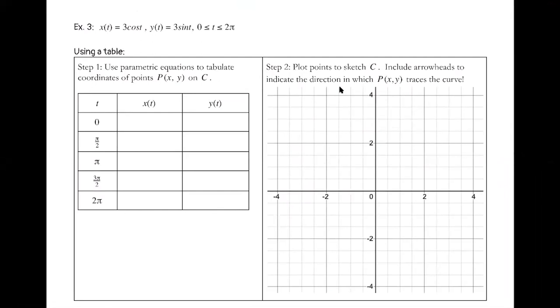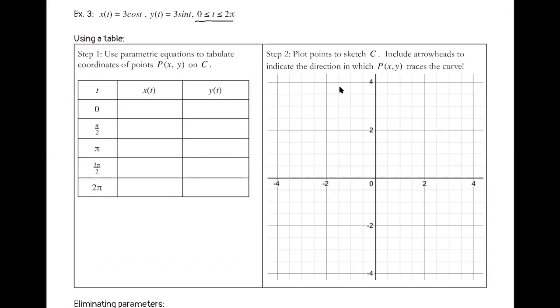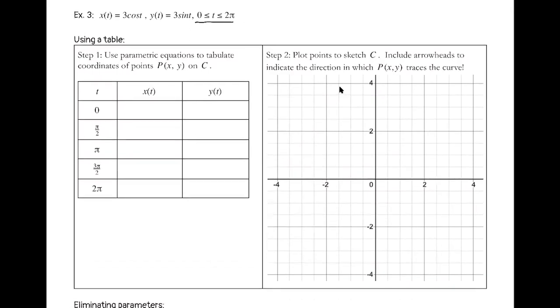And when we look at trig functions, we are looking mostly in terms of radians, and so a lot of times the parameter interval will be set from 0 to 2 pi, but that's not always the case, all right? So in this equation, what we're going to take a look at is filling in our table, and we're going to plot a graph over to the right. And then we're going to talk about what it looks like to eliminate the parameter, okay?